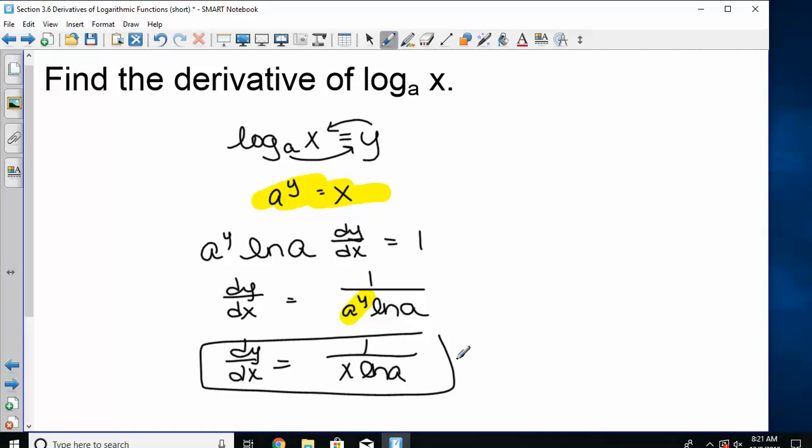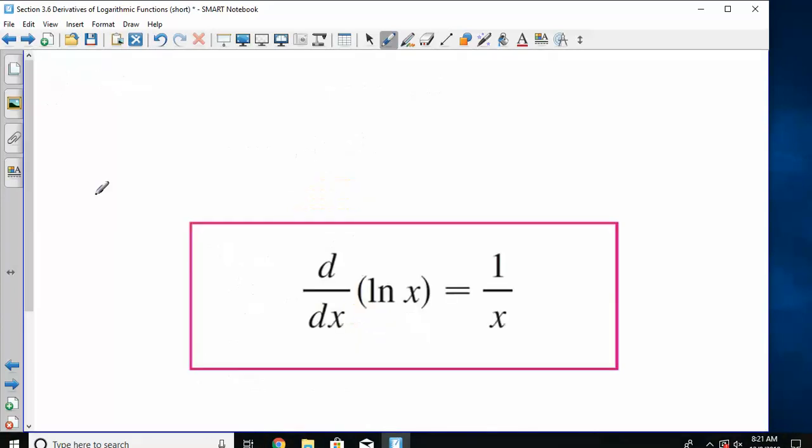Now, for us, what type of log do we prefer to work with? The natural log, because we prefer to work with a base e, since the derivative is nicer. Same thing is going to be true here. If you have the derivative of a natural log, it is just 1 over the argument. The reason being, a natural log is like a log base e.